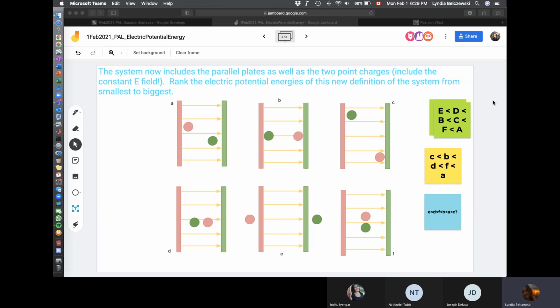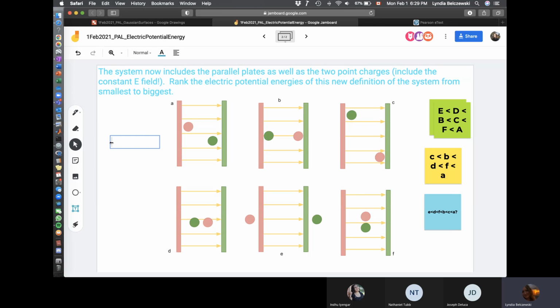Okay, looks like we're ready to go on. So, what have we got for a ranking now? Everyone's saying that A is the biggest. I agree, A is going to be pretty big. Before I say anything more, I'm probably going to forget what I'm saying while I say it, so I'm going to write as I go.